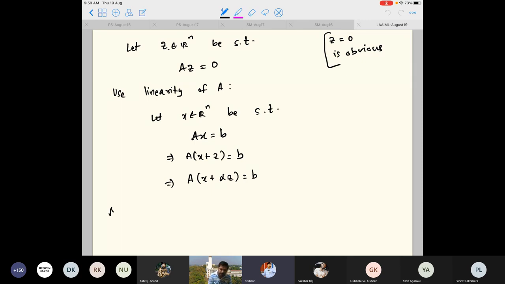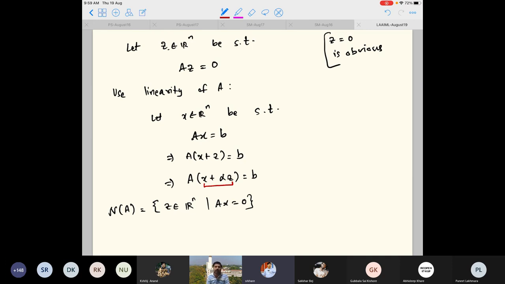So I will define something which is called N(A), the null space of A, the set of all vectors z in Rn such that Az is equal to 0. Okay. And what you did here is that you chose any vector z in the null space and you just added x plus z, right?